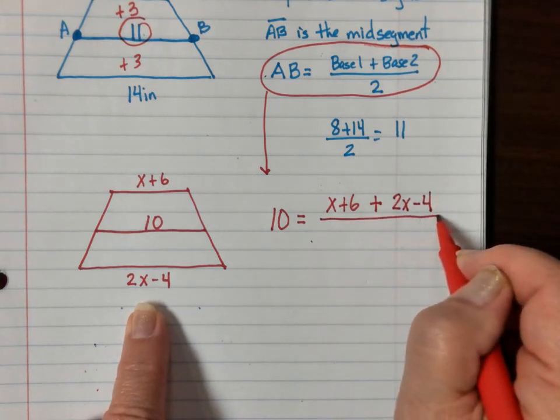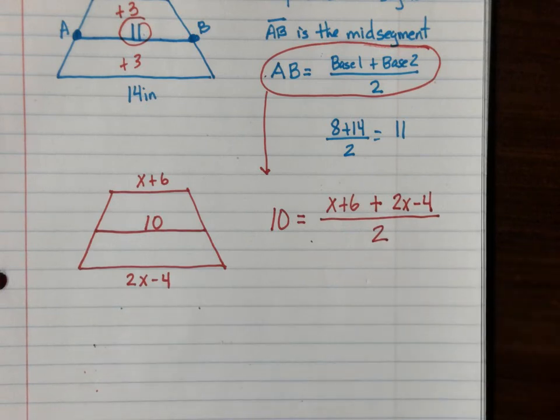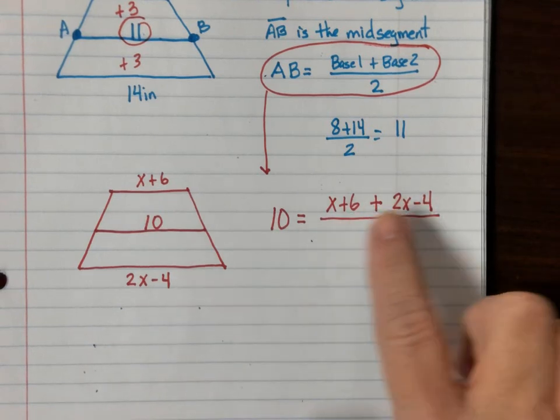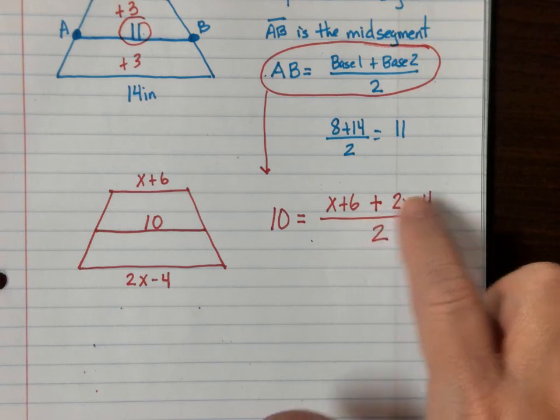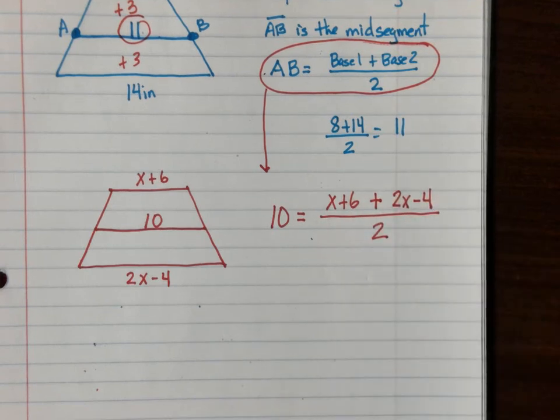The whole thing is divided by 2. So that's how you're going to set it up, right? And if you do the setup, you get half the points right there. That's your geometry. You understand that a mid-segment is base 1 plus base 2 divided by 2.